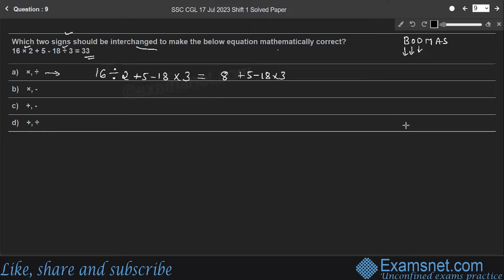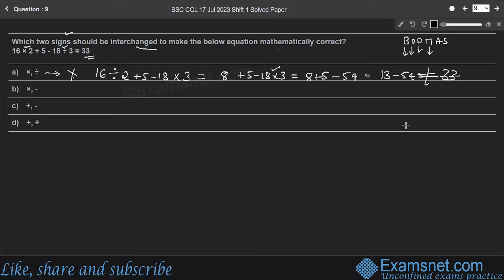So 18 into 3, multiplication comes after division. So 8 plus 5 minus 54, which is equal to... addition comes before subtraction. 13 minus 54, you will get a negative integer, right? So which is not equal to 33, the RHS part. Therefore, option A is not the answer.